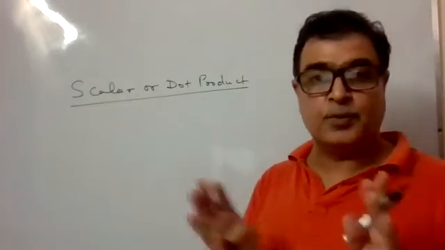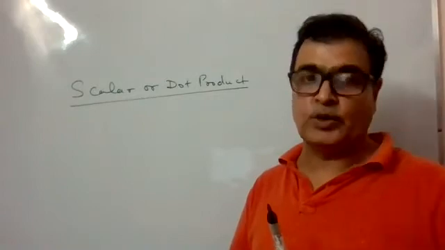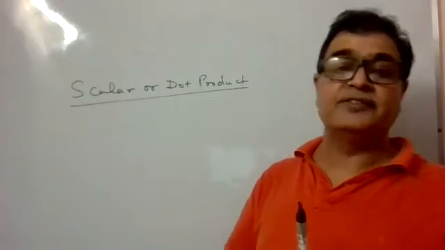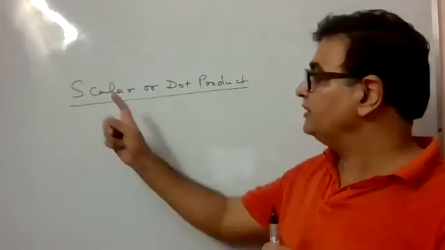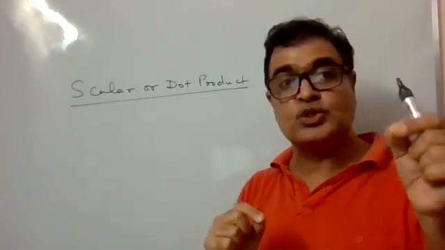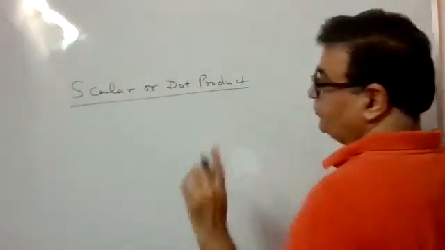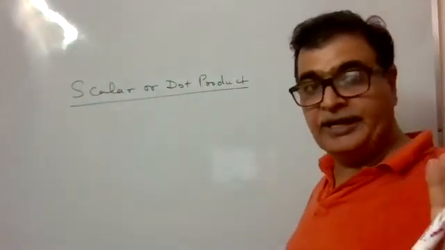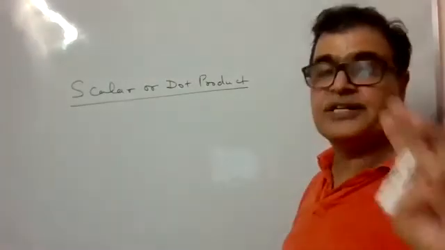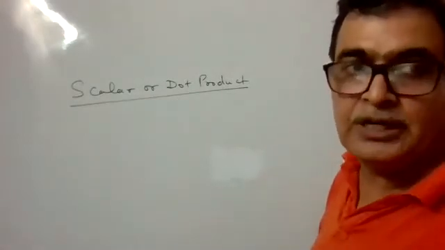Scalar means scalar product. Why we are saying it is because the result comes out as a scalar quantity. We have two vectors, we take their product and the product gives us a scalar quantity. So that will be called scalar product. Why is it also called dot product? Because the representation shows a dot here. So scalar means the product of two vectors coming as a scalar quantity, and dot means the representation is given with the dot.